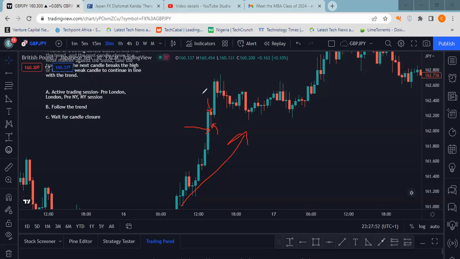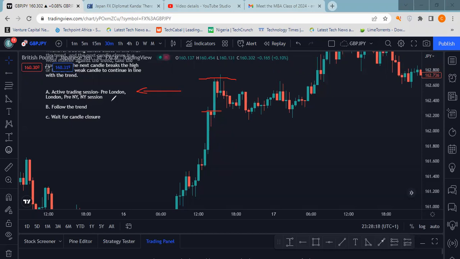Now the rule is you take the trade as soon as the high of the candle is broken. So a buy could have been taken above here. Looking left, you will see that there was a resistance here. So this was your trade.